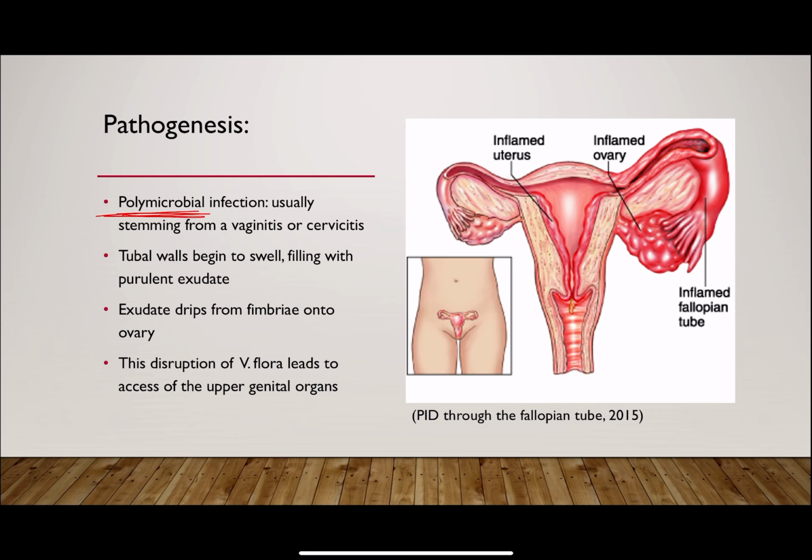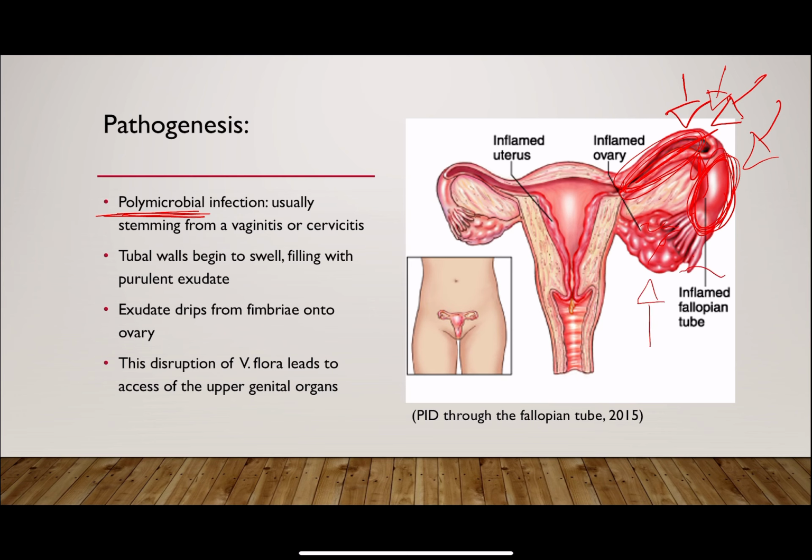As far as the pathogenesis, the tubule walls become very inflamed and swollen. This can be seen as salpingitis, which is inflammation of the fallopian tubes. So you have the swelling and inflammation in this area right here, the salpingitis going on, getting very inflamed, and you get pus and all kinds of nasty stuff up and through this area.